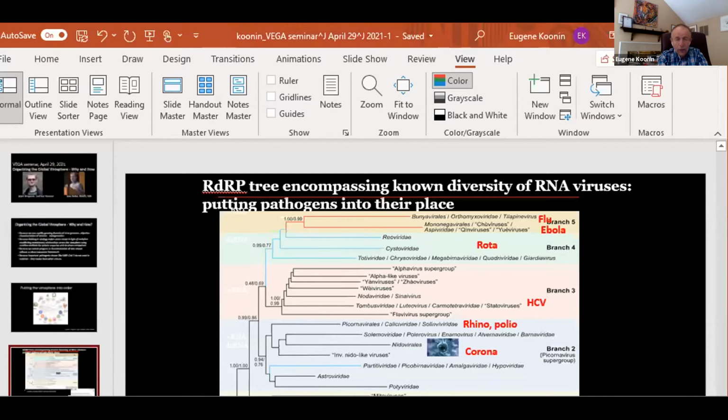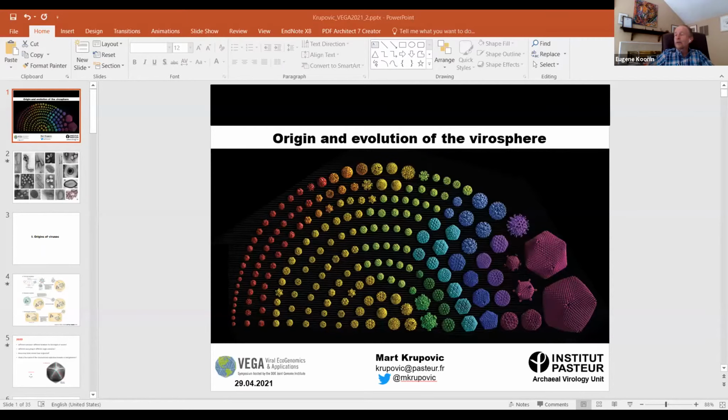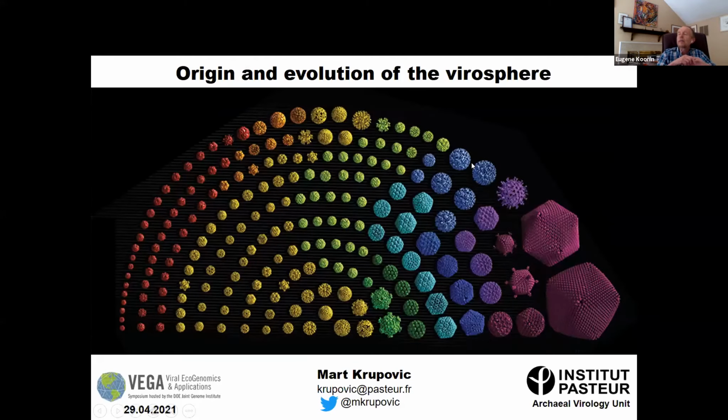So I will stop sharing my screen at this point, and it is my great pleasure to introduce now Mart Krupovic, the first main speaker at this seminar. Mart is currently the head of the archaeovirology unit in the Department of Microbiology at Institut Pasteur in Paris, France.